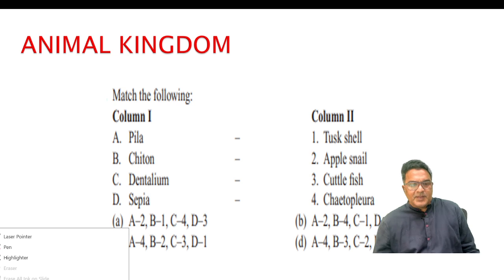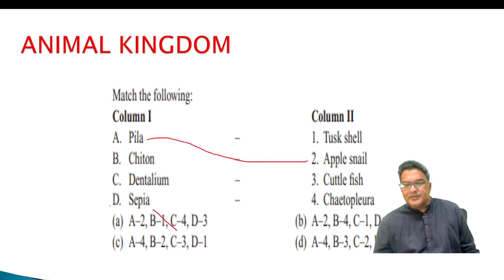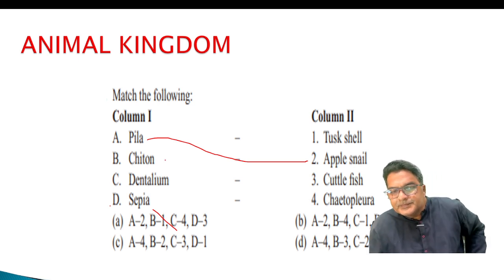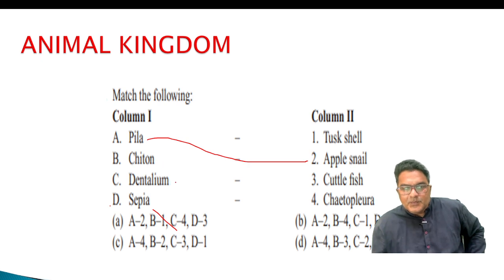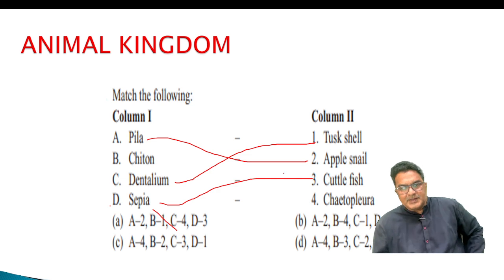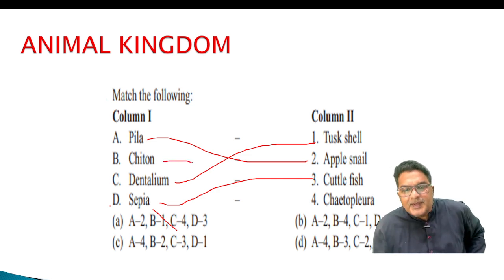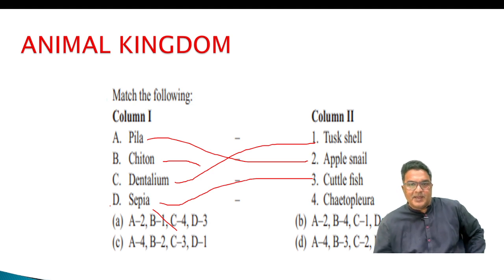So we have a match-the-following here. Phyla: apple snail, chiton. Where is chiton? Dentalium, tusk shell, Sepia, cuttlefish. Chiton is not given in NCERT. If it comes like that, do what I am doing here: go with the remaining and you will find the answer.